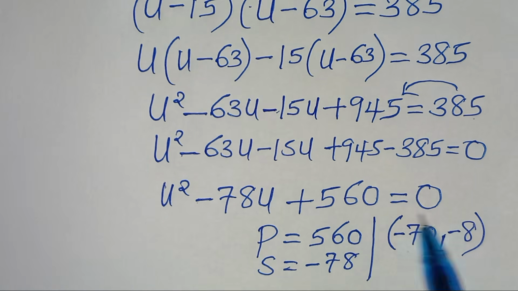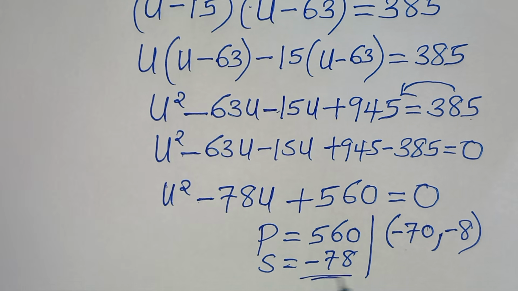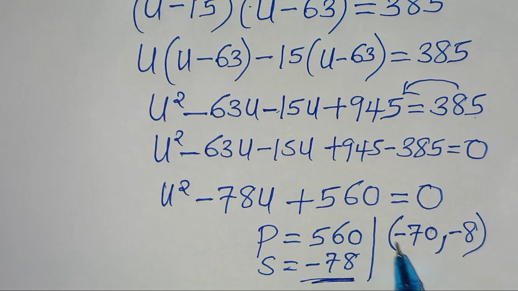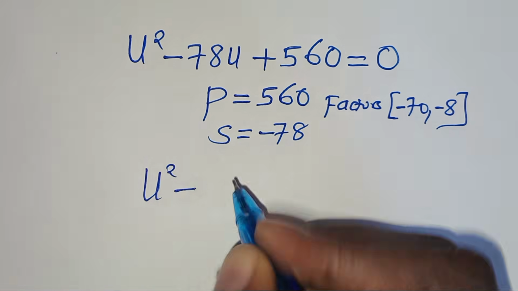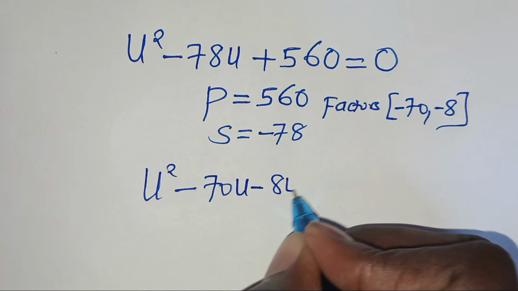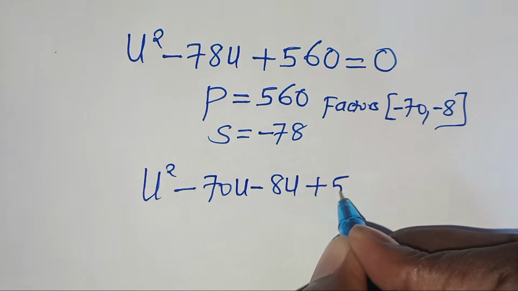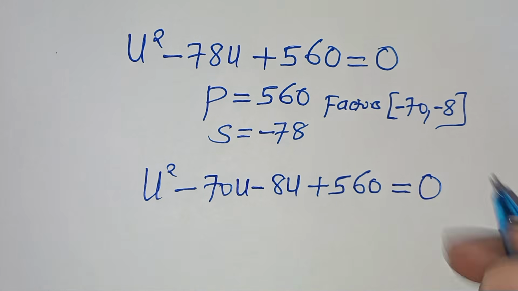If we multiply minus 70 times minus 8, this is 560. Minus 70 plus minus 8, this is negative 78. So let's substitute negative 70 and negative 8. Substituting these factors, we have u squared minus 70u minus 8u plus 560. This is equal to 0.